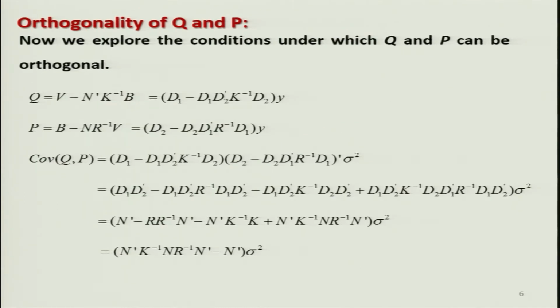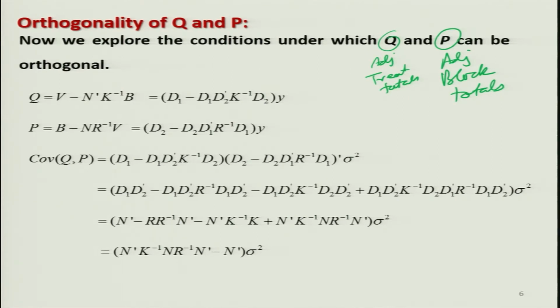So, now this gives us an idea of the conditions under which Q and P are going to be orthogonal. Q and P, if you try to recall, Q is the adjusted treatment totals, and P here is the adjusted block totals.